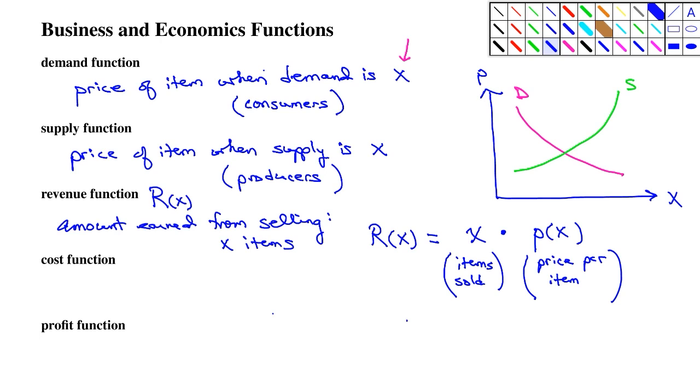If you're going to buy X items and those items cost P, then the total revenue that you have to send into the company to buy those items is X times P. What's a little bit strange about this that we don't think about very often is the fact that this P of X is actually a function, which means that the price of the items changes depending on how many items you're going to buy. I like to think of this as the Walmart versus Sam's Club scenario.